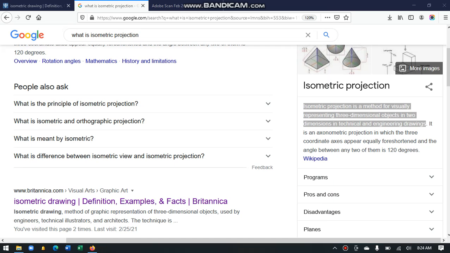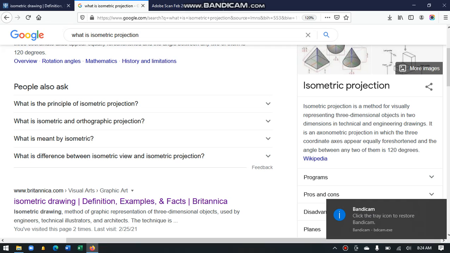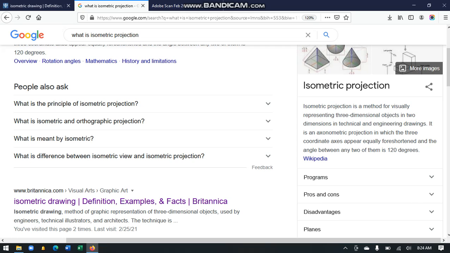Alright, students, so we'll be looking at what isometric projection is, just the introduction.